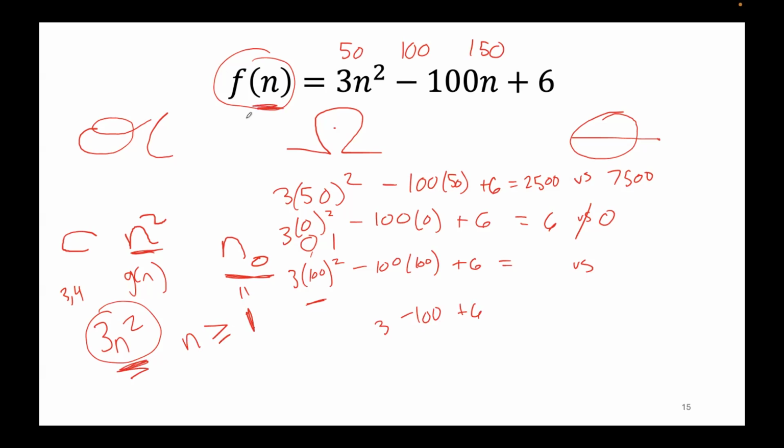Because we've decided c, which is 3, and n naught, which is 1, the big O of this function is read as n squared. So we ignore the constant, and we just give the function which we call g of n.